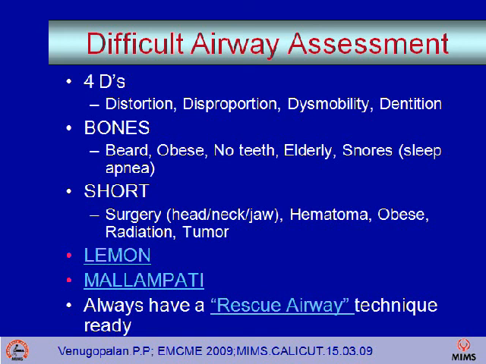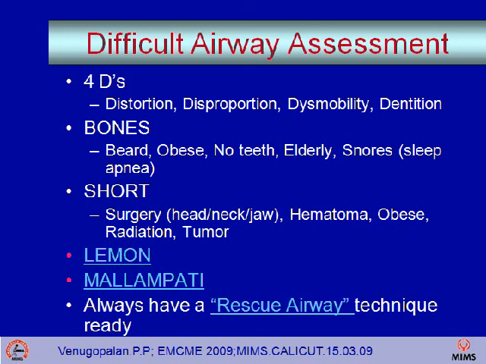Another mnemonic is BONES. Another mnemonic is SHORT: S for surgery or sedation, H for hematoma, O for obese, R for radiation, T for tumor.